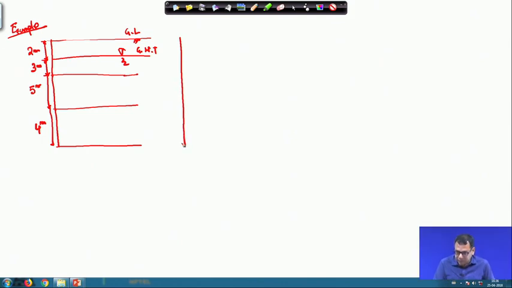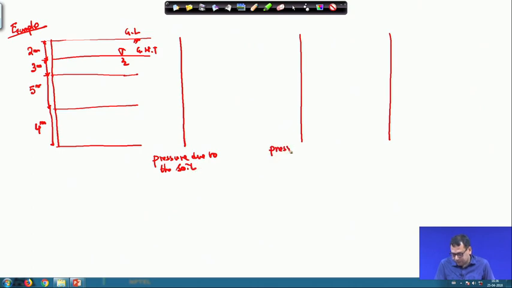This is the pressure due to the soil, this is the pressure due to the water and this is the net or total pressure diagram.